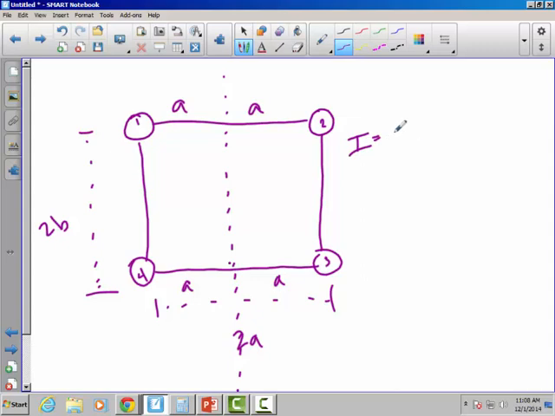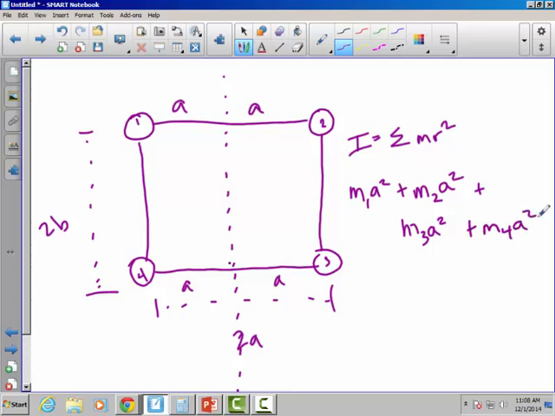So my moment of inertia for particles says that it's the sum of mr squared. So I have mass 1, and it's a distance a away, so that would be m1 a squared, plus m2 a squared, plus m3 a squared, plus m4 a squared.